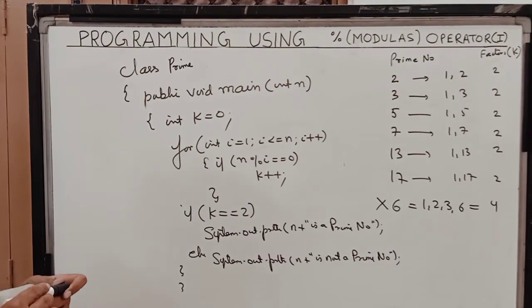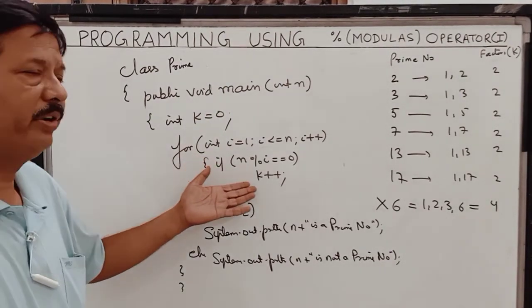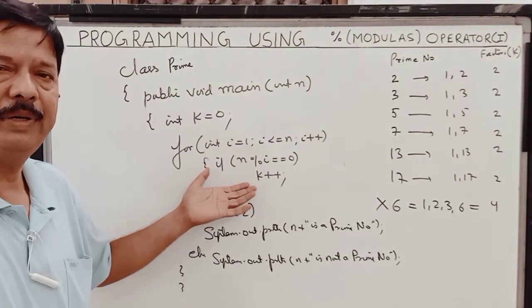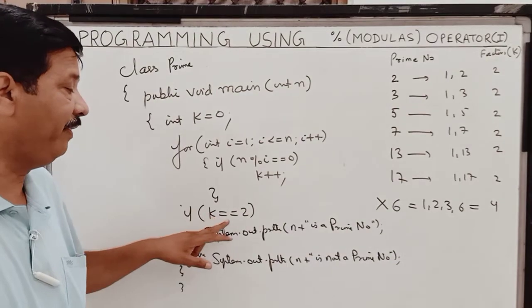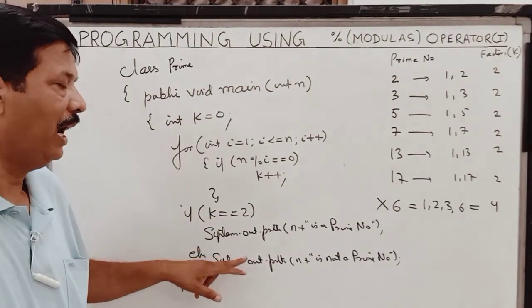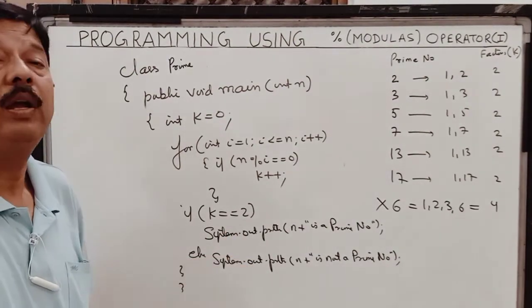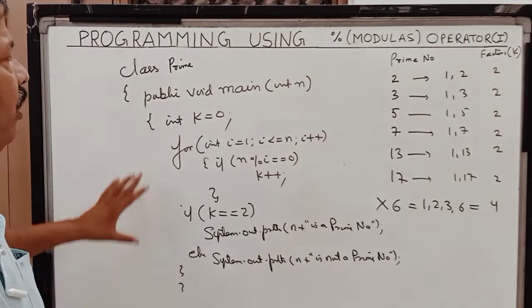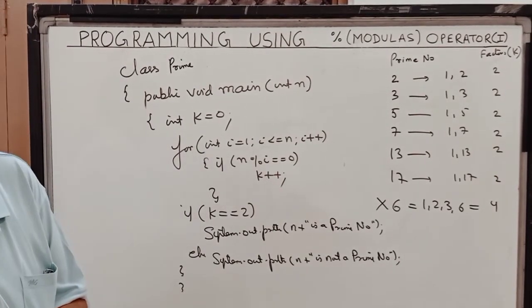In this program what we have done, first of all we have counted the factors of that number, total divisors we have counted, and if it is having 2 divisors then we say it is a prime number, otherwise it is not a prime number.